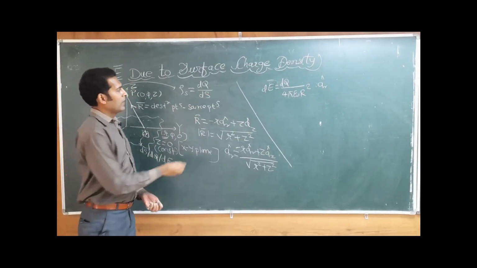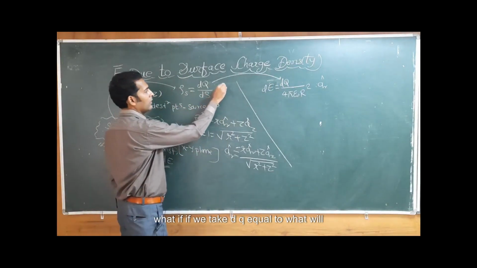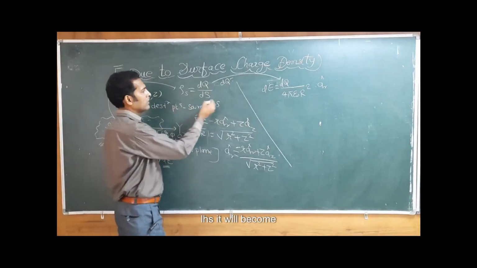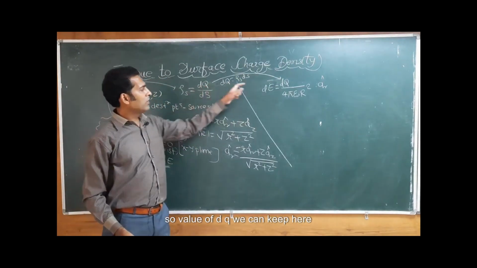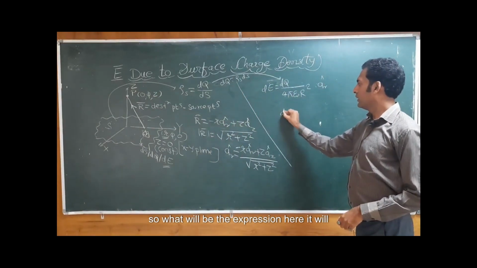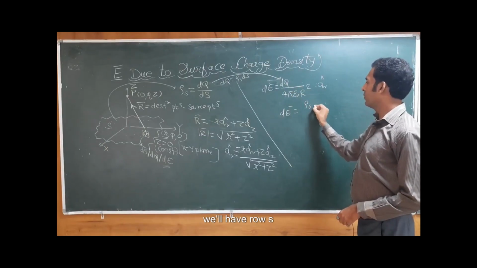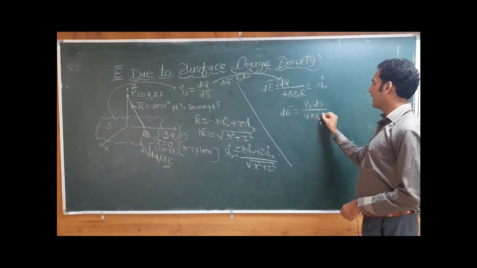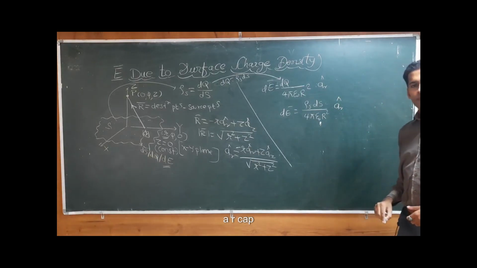So dq is equal to, shifting this term to the LHS, rho s ds. So the value of dq we can keep here. So what will be the expression here? It will be dE is equal to, in place of dq, rho s ds divided by 4 pi epsilon naught R square into AR cap.